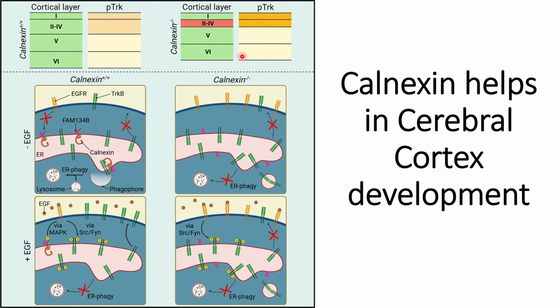The paper that I am presenting, in its graphical abstract, discusses that it's Calnexin that plays an important role in this whole process of expressing TrkB on the cell surface, and that helps in healthy cortical layer formation, which thereafter leads to the cerebral cortex development.